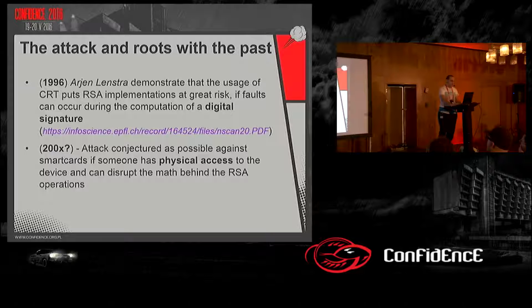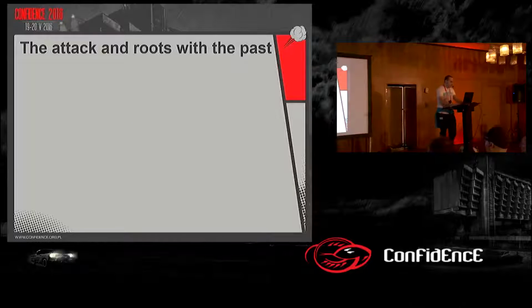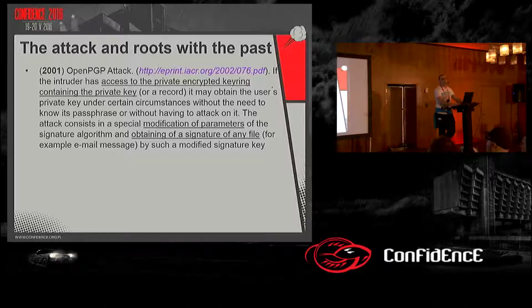So during 2000-2001, someone conjectured that it was possible to recover a private key from a smart card if the same precondition that Lenstra described in 1996 was met. But to do that, we required physical access to the device. And in 2001, a similar attack was demonstrated against OpenPGP.